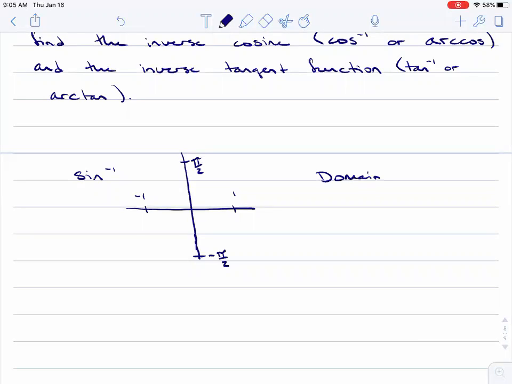So the inverse sine has a domain from -1 to 1 inclusive, so square brackets, and range.